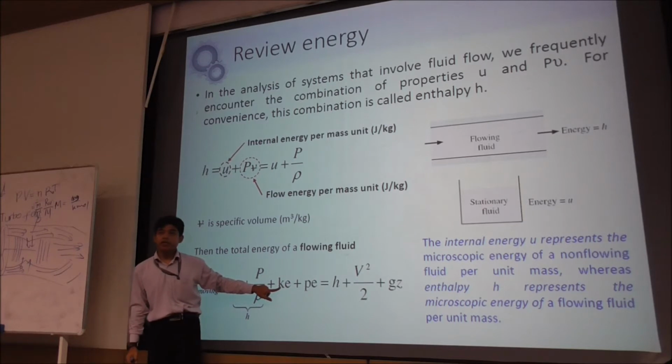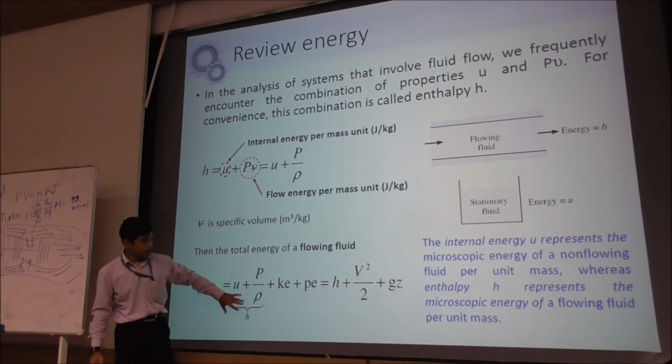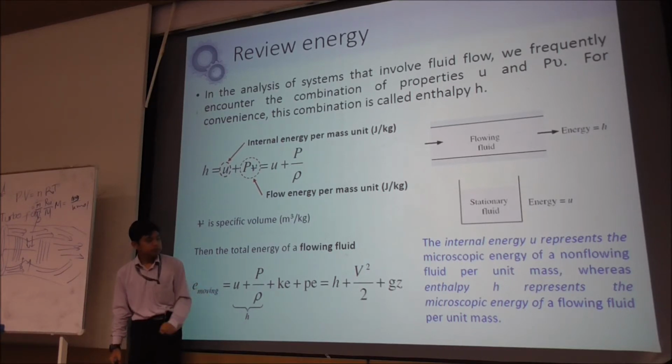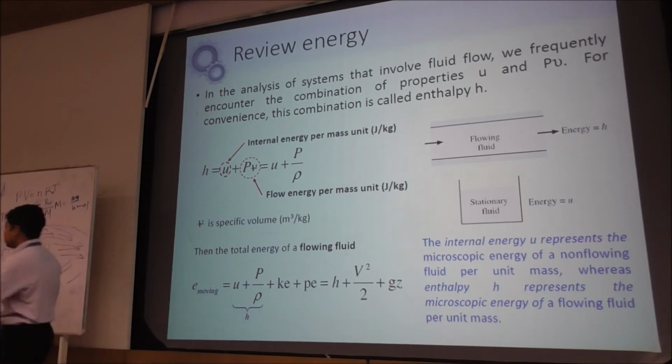This kinetic energy is because you have the movement, you have the velocity, and this one is because you have a difference in elevation. These two, usually in thermodynamics, you will combine into h, enthalpy. Right, this one is your enthalpy. So if you combine, it becomes h plus v square over 2 plus gz.